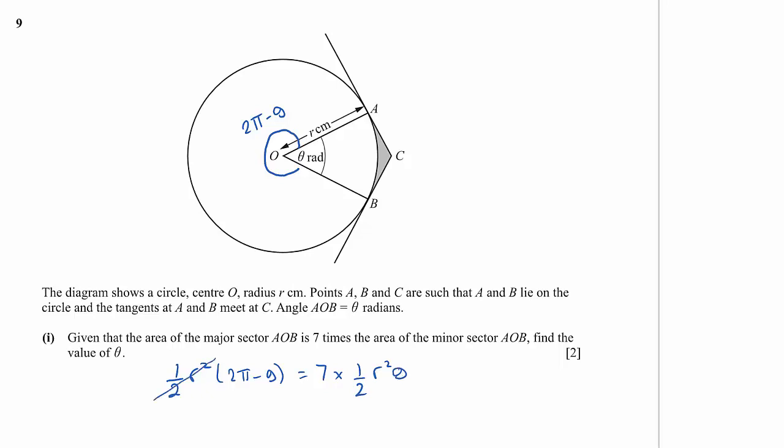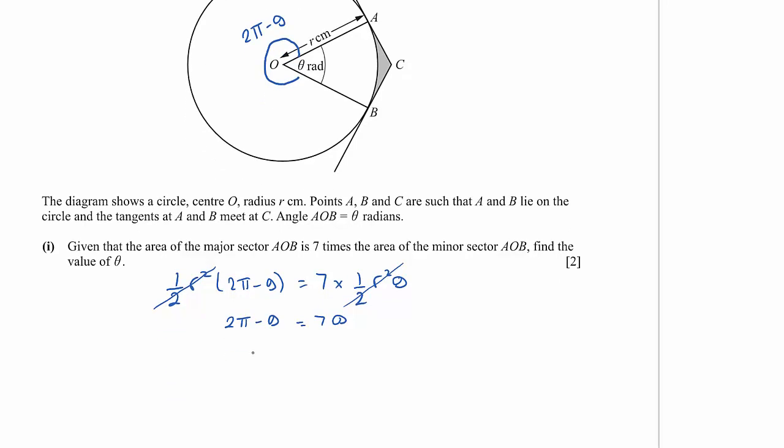And the half r squareds will completely cancel out there. So what we have is 2 pi minus theta equals 7 theta. Therefore, 2 pi is equal to 8 theta, and theta would therefore be 2 pi divided by 8, or pi by 4 radians.